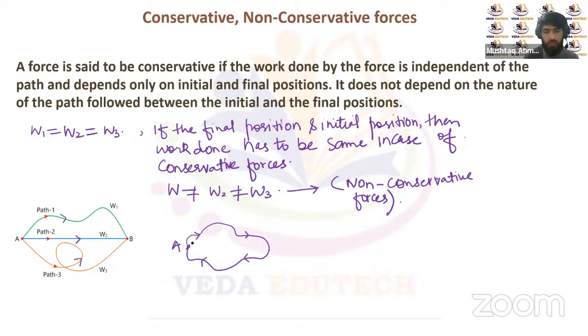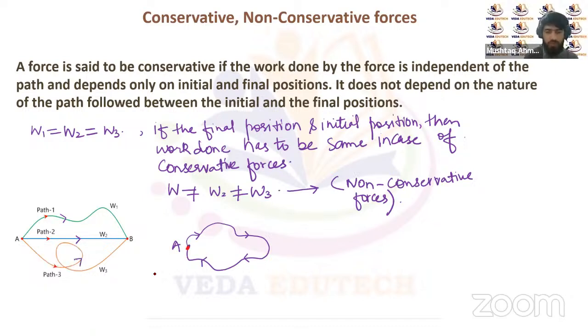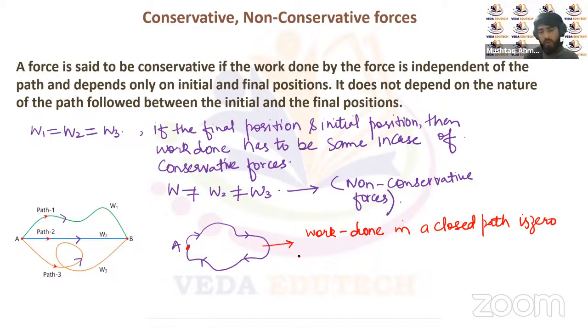In the presence of conservative forces, the work done in a closed path is always equal to zero. So work done in a closed path is zero for conservative forces.